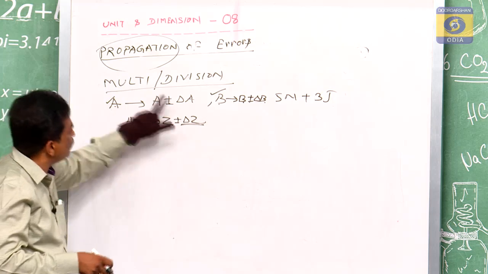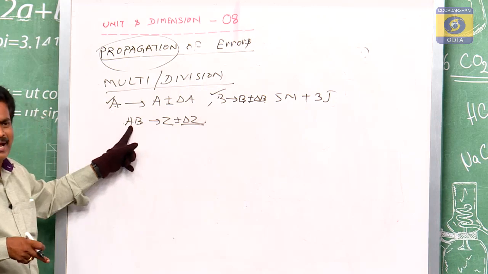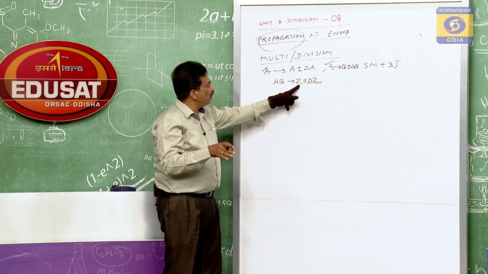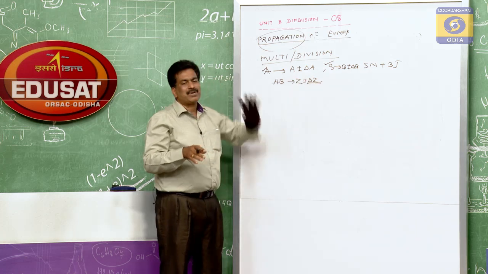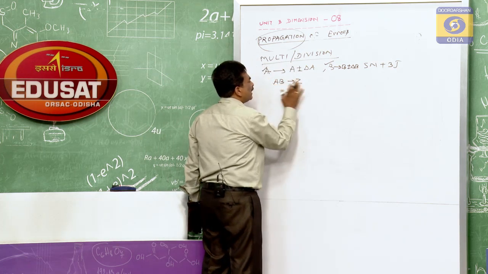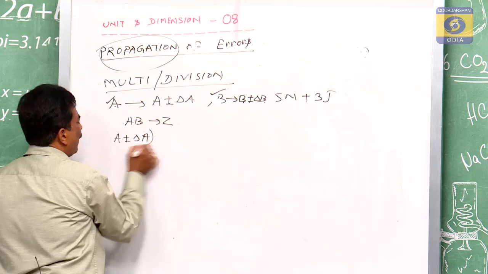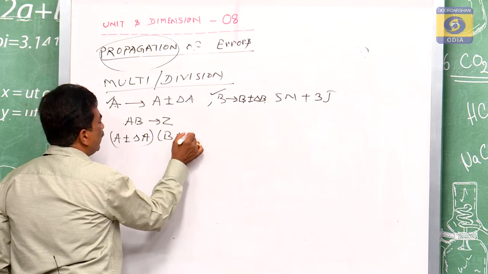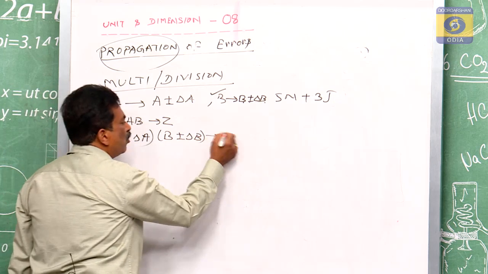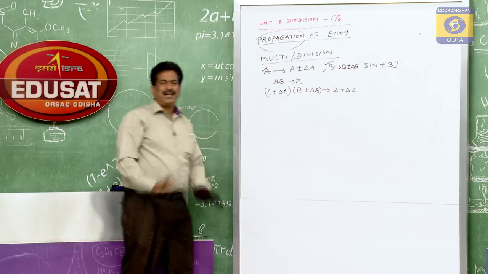Therefore, though A is not A and B is not B, when you multiply, that multiplication will not give you the real value Z, that is Z plus or minus del Z. Means if AB were the real value, then that would be Z. If A is not A, and it is multiplied with B not equal to B, then this result will not be Z, it is Z with plus or minus del Z. Are you clear, my students?